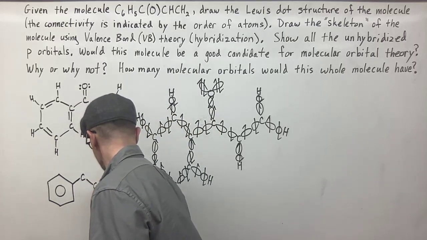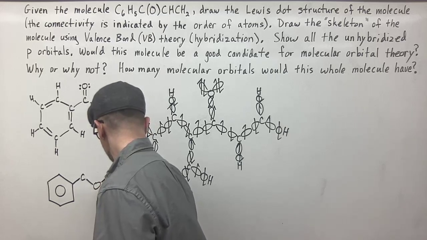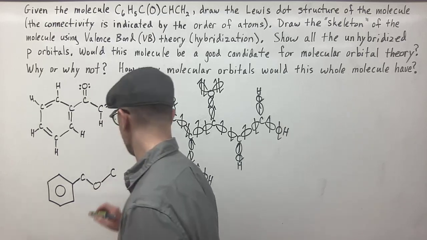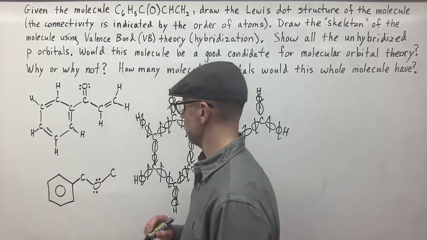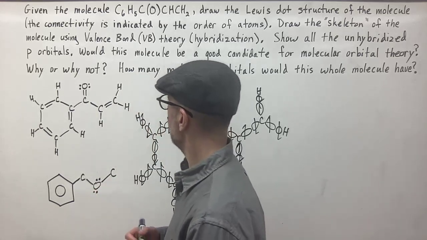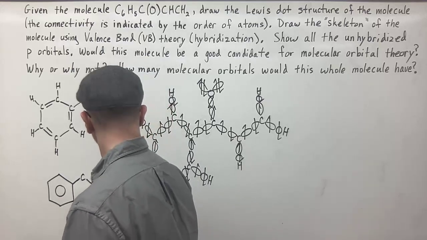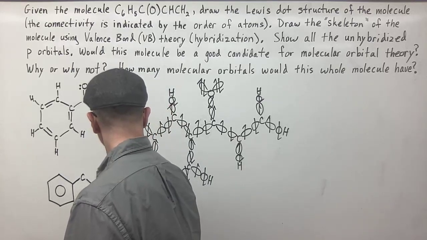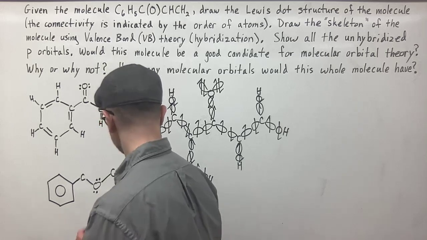So you have the oxygen there. And then you'd have that carbon there. You'd have 2 lone pairs on the oxygen, like so. And then you'd have a double bond between the carbons there and the 2 hydrogens.